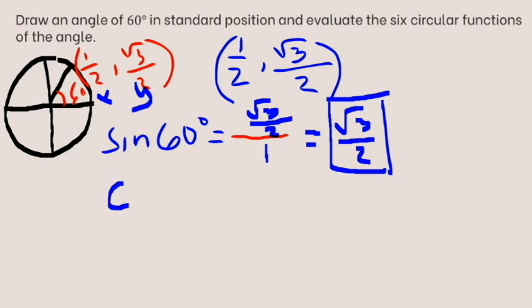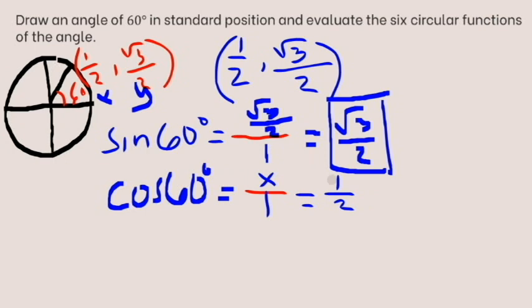For cosine of 60 degrees, so the cosine of 60 degrees, it is the adjacent over hypotenuse. So our adjacent with respect to x is x. And our hypotenuse is 1. Therefore, our x is 1/2.